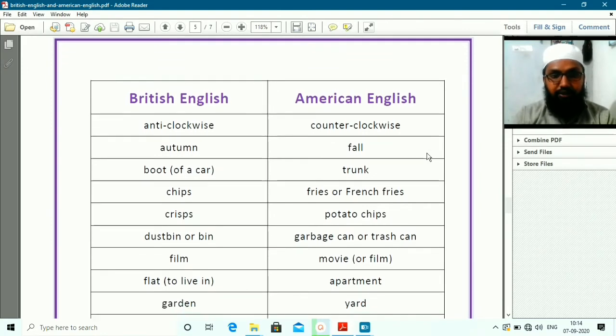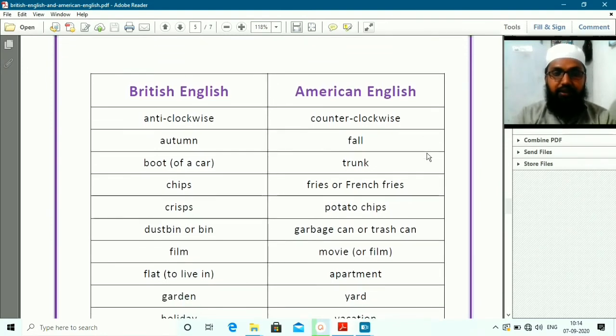In British English we have to say anti-clockwise, whereas in American English we have to say counter-clockwise. Like that. We used to say autumn season, autumn, but in American English we have to say fall. Here we can see complete changes.